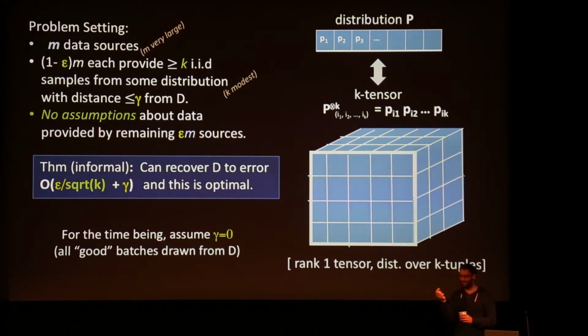Okay, it's the probability that a given batch has the first element being i, the second element being j, and so on. Okay, so what's special about this? Well, this is a rank 1 k-tensor. Okay, it corresponds to this distribution over k-tuples.